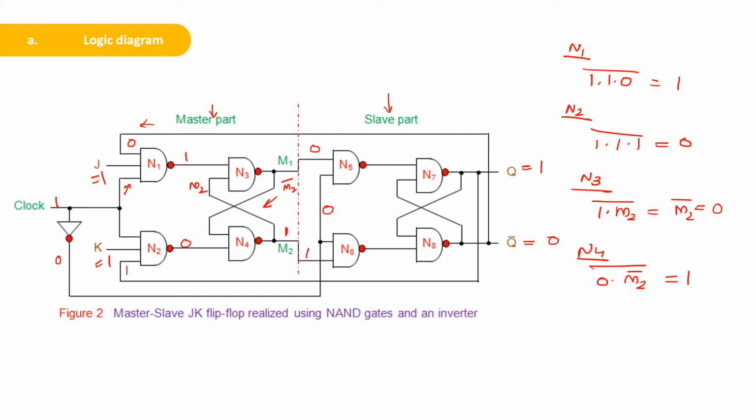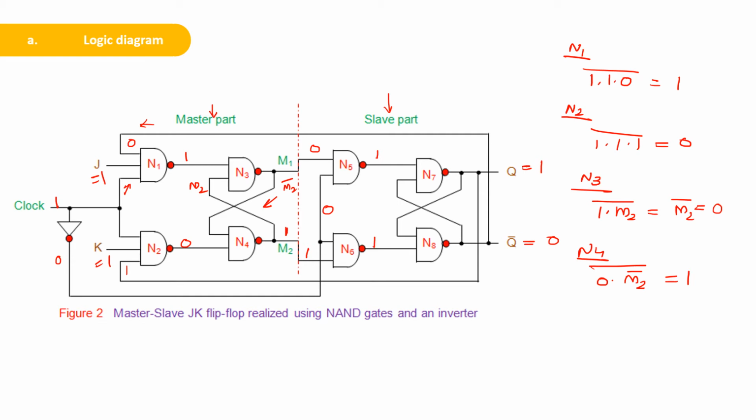That means the output of N3 will be equal to 0 and the output of N4 will be equal to 1. Now if you take N5, one of the inputs is 0, so the output will be 1. Similarly for N6 also, one of the inputs is 1, one of the inputs is 0, and so the output is 1.